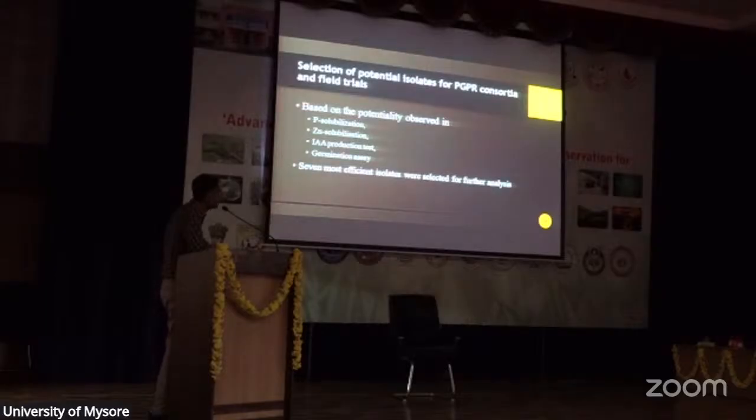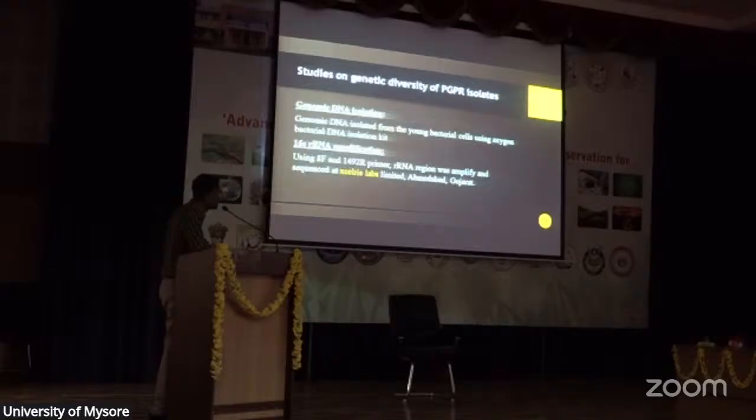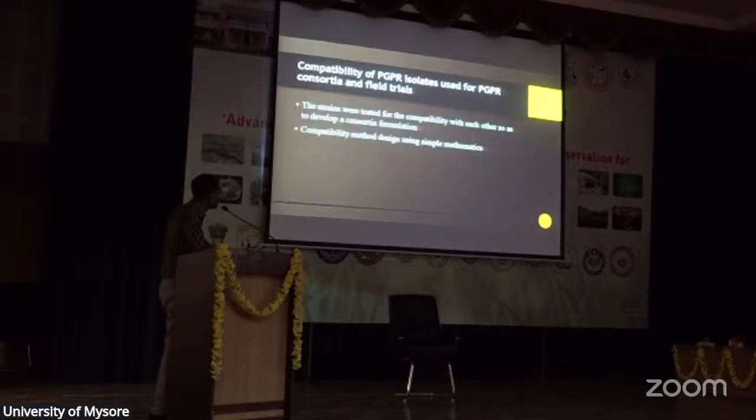Now the question arises of why and how I selected the potential isolates. That is basically based on phosphate, zinc, and indoleacetic acid plus the germination assay. Using this, I selected the 7 most efficient isolates. Finally, I did genomic DNA isolation and 16S amplification for their molecular identification.